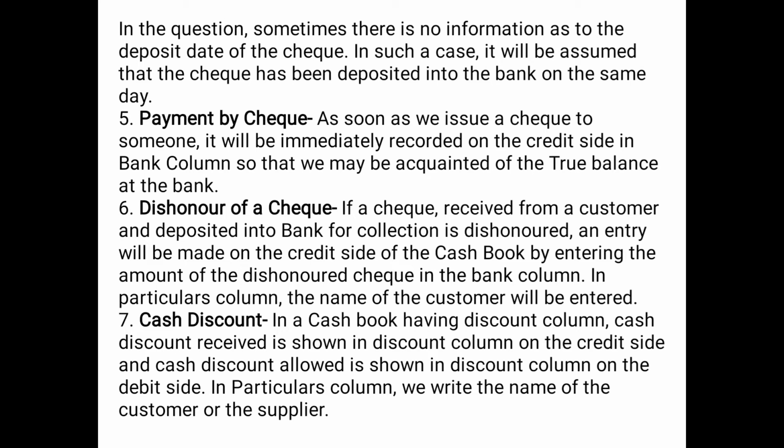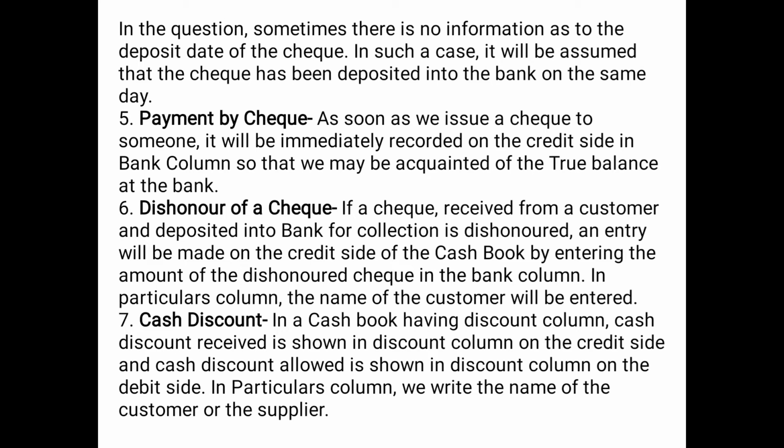So reading here, in a cash book having a discount column, cash discount received is shown in the discount column on the credit side, because discount is a nominal account, and the nominal account says we debit all expenses and we credit all income. So the discount column on the credit side will show the cash discount received at the time of making the payment, and cash discount allowed is shown in the discount column on the debit side.